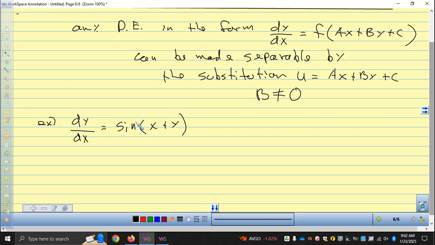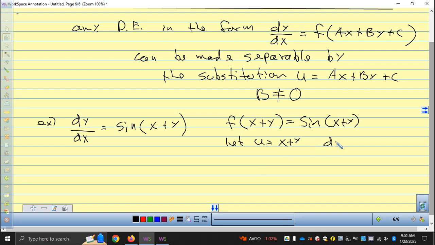So this is just some function of a linear function of x and y. So f of x, y is just sine of x plus y. So I'm going to let u equal x plus y.